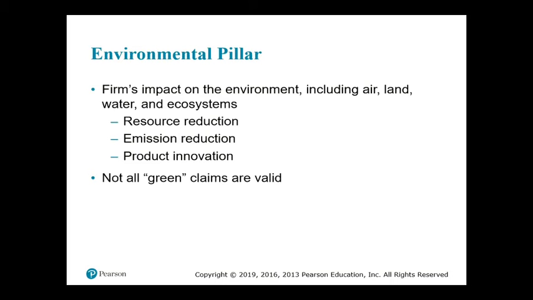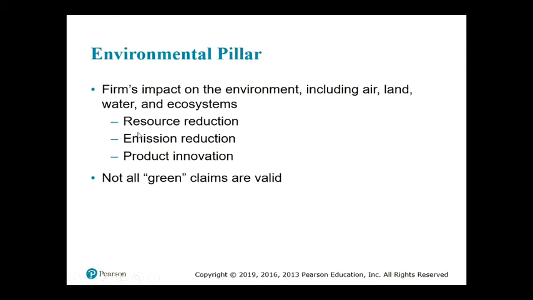So through resource reduction, the company can achieve a more efficient use of natural resources in the supply chain. So you can also see this as more of an input during the process and output fashion.